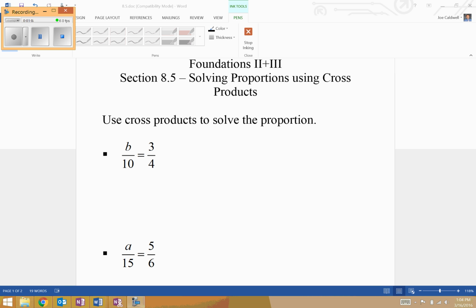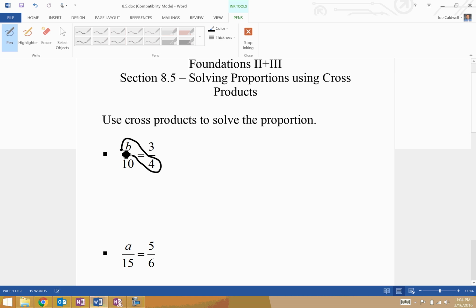So what that looks like here in this first example, the first cross product would be 4 times b, which remember we would write as 4b. So that is our first cross product. Again, the rule is that cross products are equal to each other.